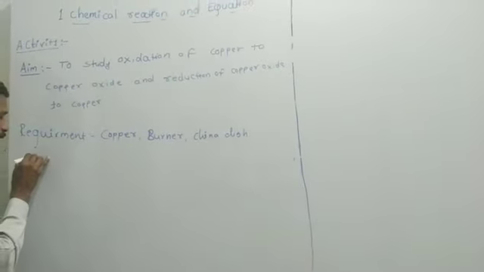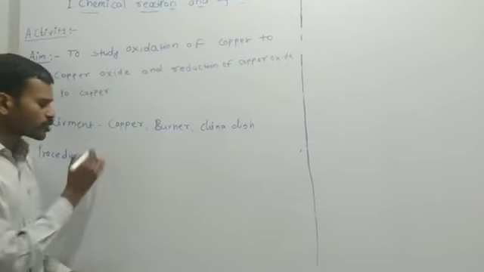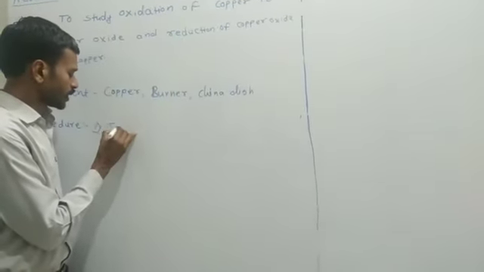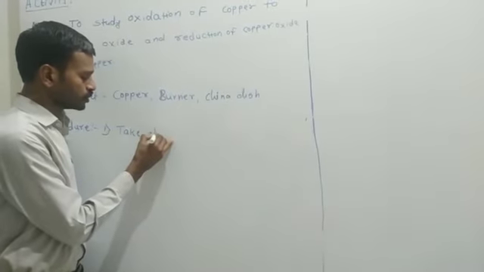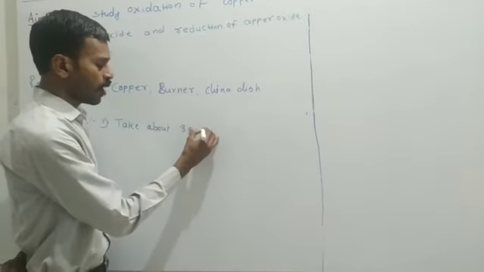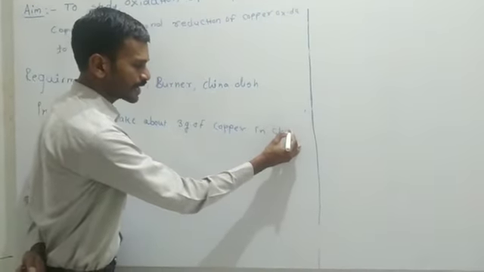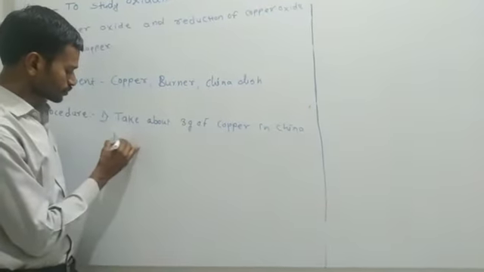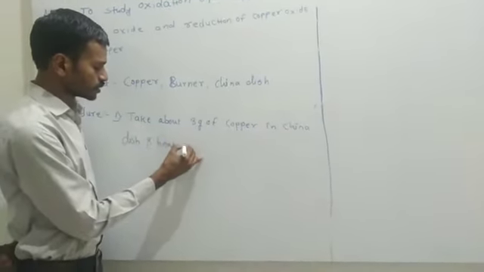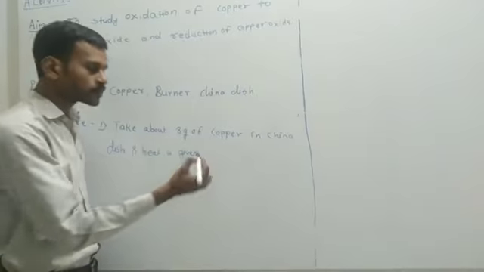Now, after that, we will take the procedure. In the procedure, the first point: take about 3 grams of copper in a China dish and heat it. It forms a black color.